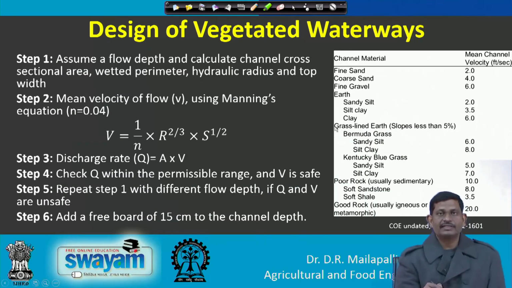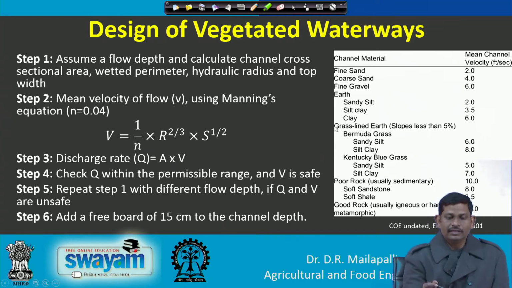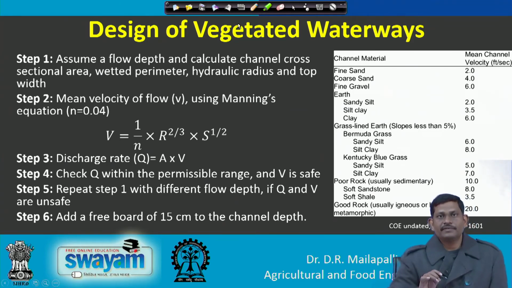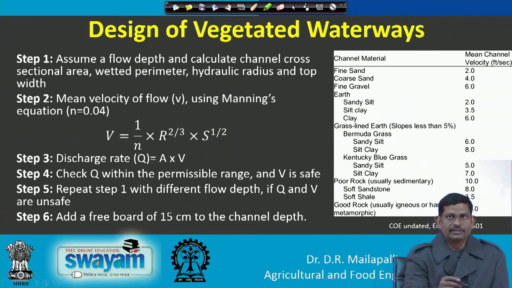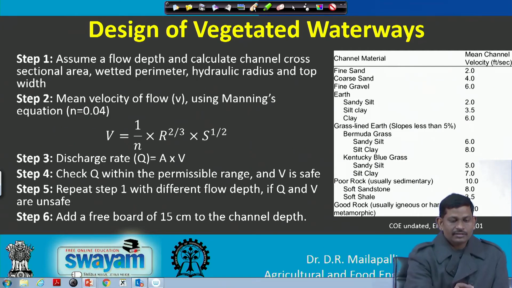And the next is the design of vegetative waterways. We will be using the safe disposal velocity as well as the continuity equation for designing this, which we talked about just a few slides ago. Step 1: assume the flow depth and calculate the channel cross-sectional area, wetted perimeter, hydraulic radius and width.